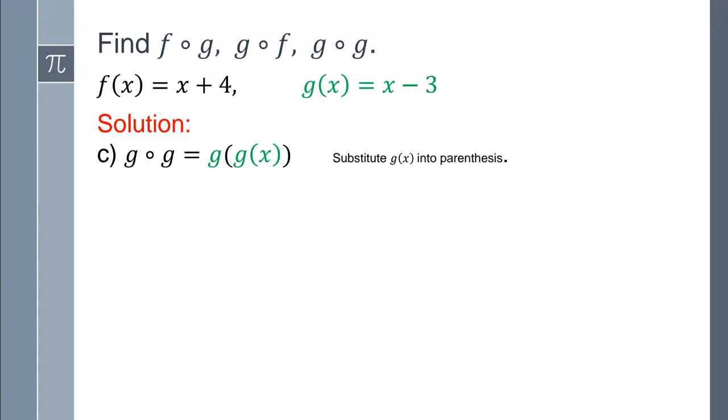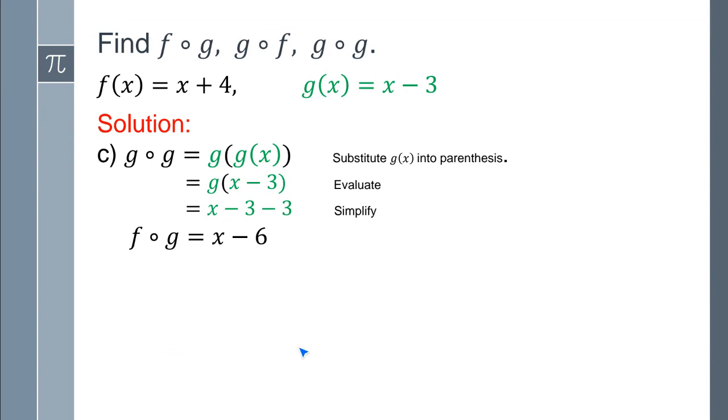So replace g of x, which is x minus 3, and in this equation, everywhere I see x, I'm going to plug in x minus 3. Then we have x minus 3 minus 3. We simplify by combining like terms. We have a minus 3 with a minus 3, which gives me a minus 6. So g composed of g is equal to x minus 6. Okay? Any questions so far?